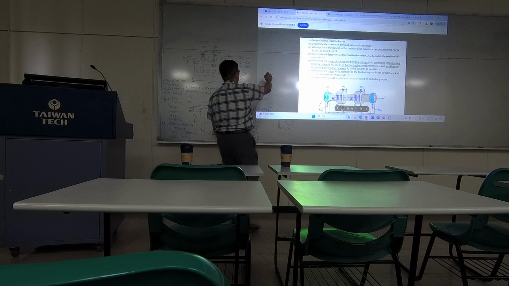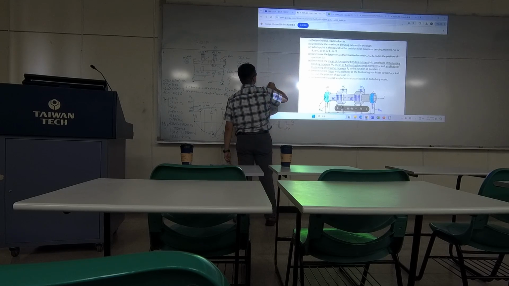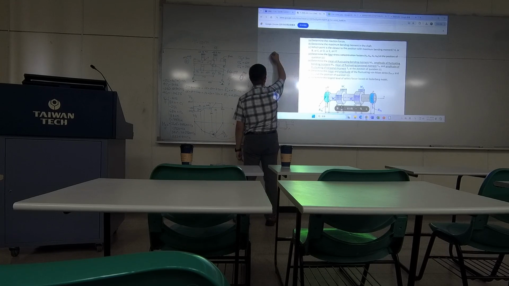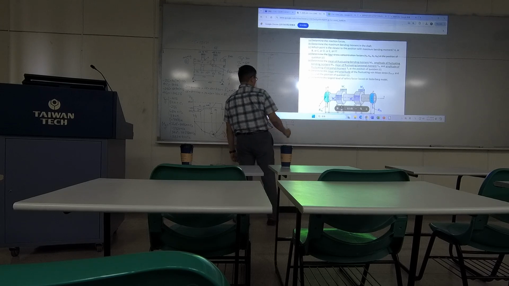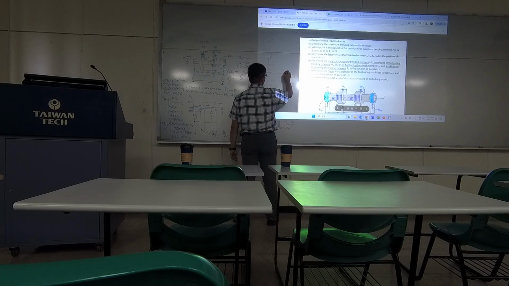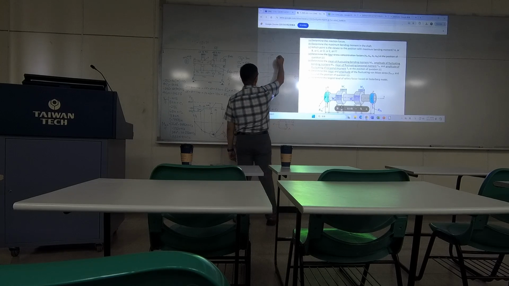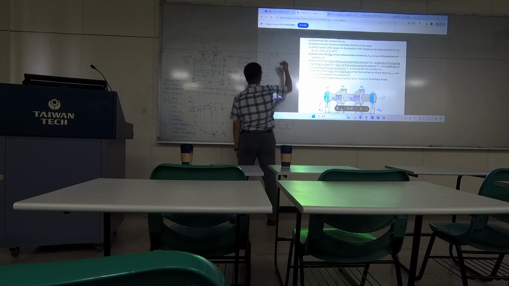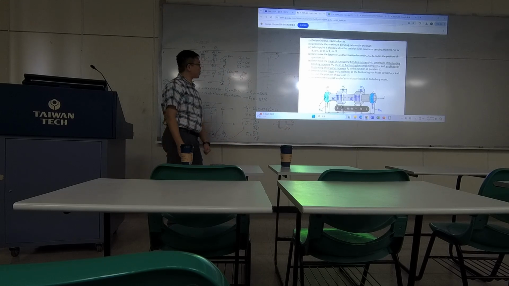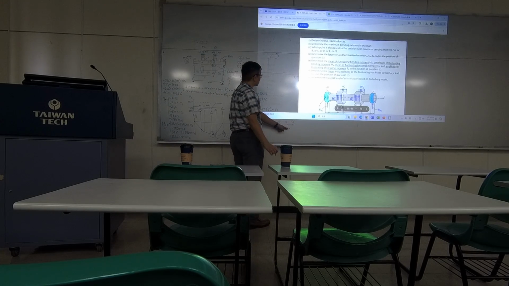Then you can draw a Mohr circle. Here is stress, here is your shearing stress. If you are focusing on this point, and if you say counterclockwise is positive, this one is clockwise.